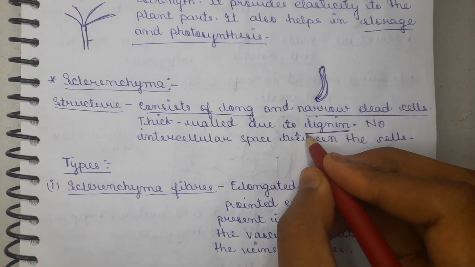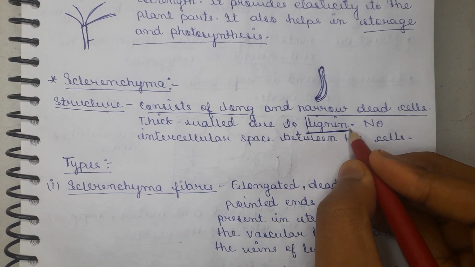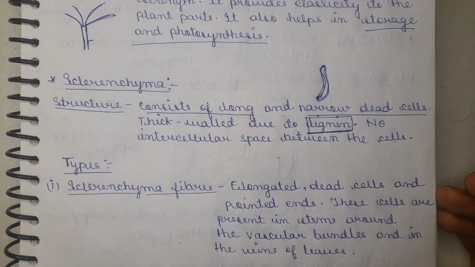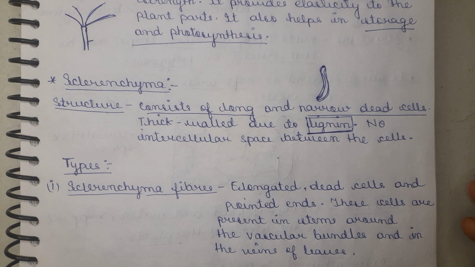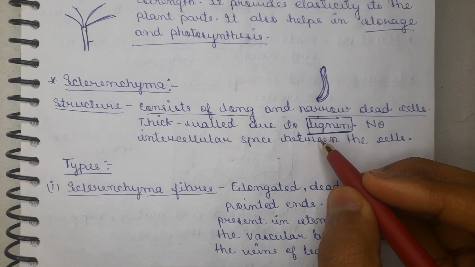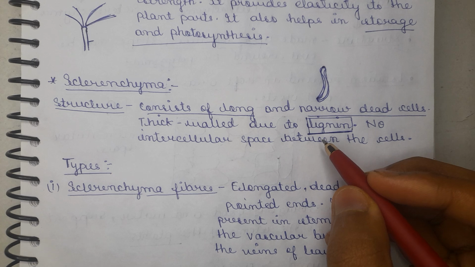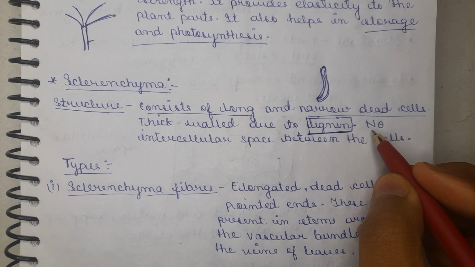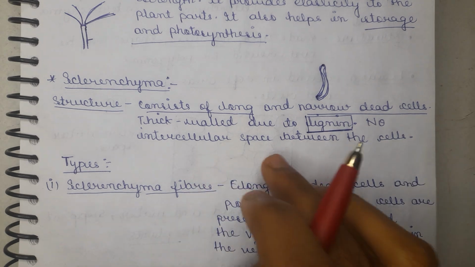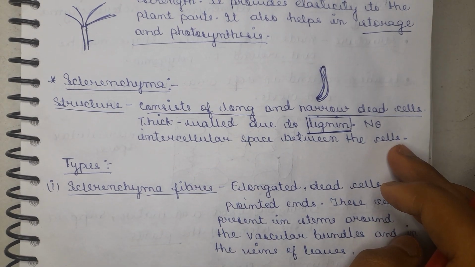Lignin is a compound that helps in water transport inside the plant, and another purpose of lignin is to protect it from microbes and other pathogens entering the plant. The walls are so thick that there is no intercellular space between the cells.